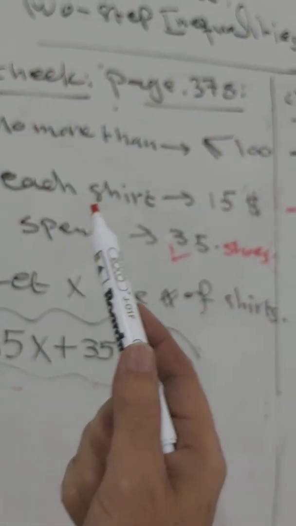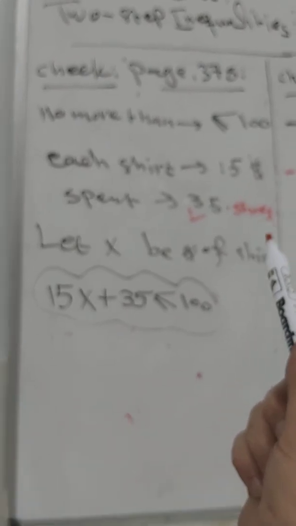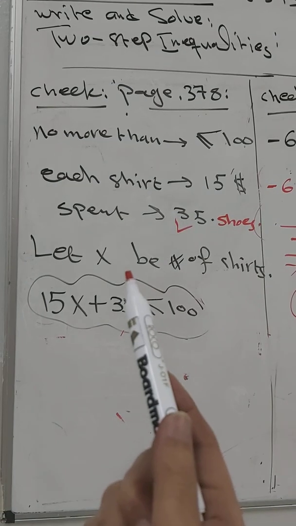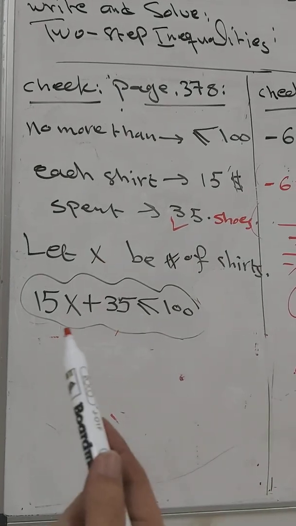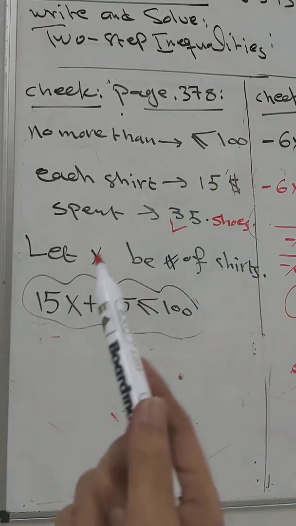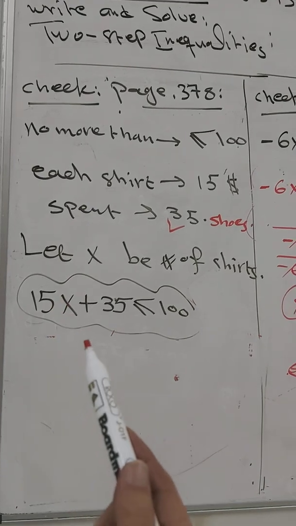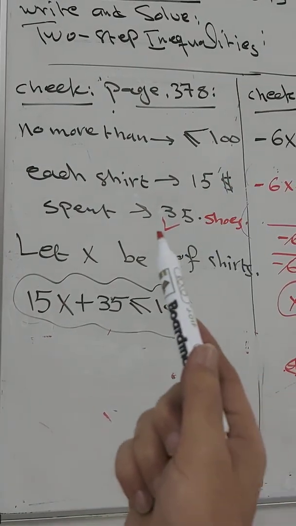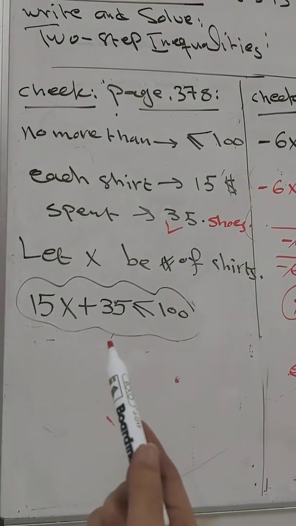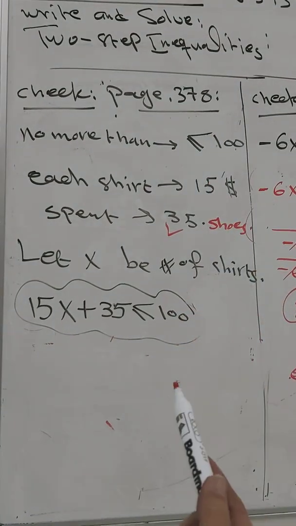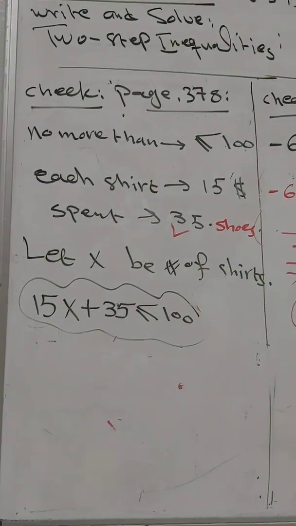If each shirt costs $15, then x shirts will be 15x. 15 multiplied by the number of shirts, plus what he already spent for the shoes, which is 35, should be less than or equal to 100 because he has only $100.